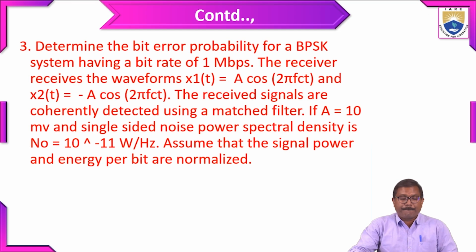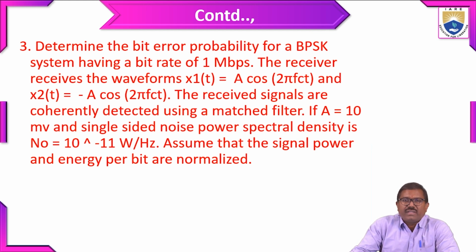Third one. Determine the bit error probability for a BPSK system having a bitrate of 1 Mbps. The receiver receives the waveforms x1 of t equal to A cos 2 pi fct and x2 of t equal to minus A cos 2 pi fct.